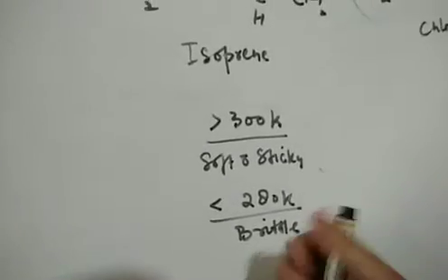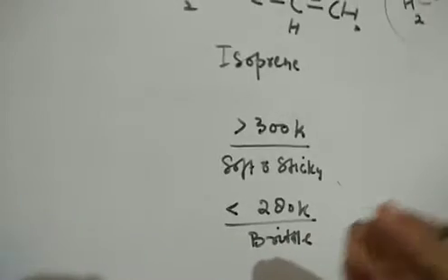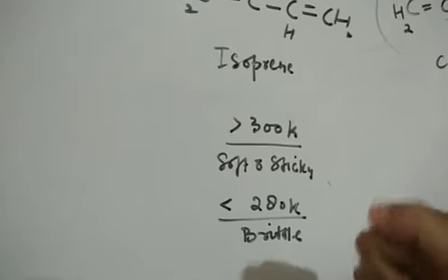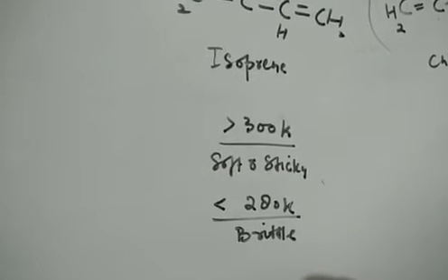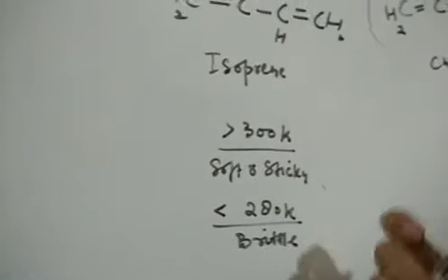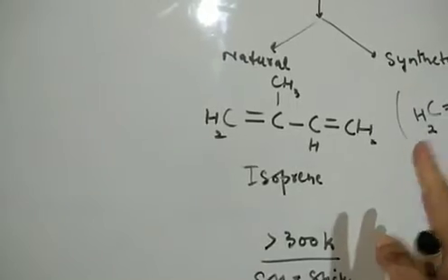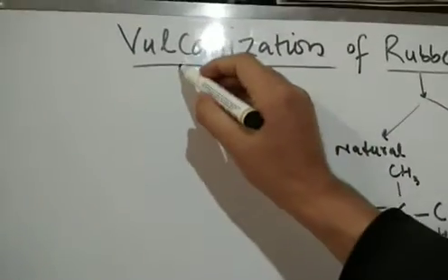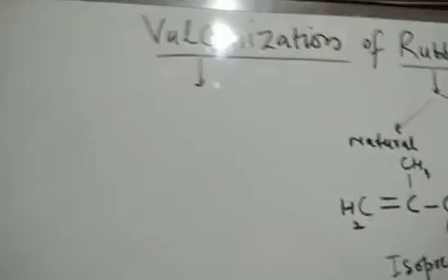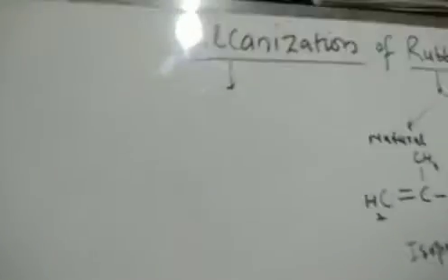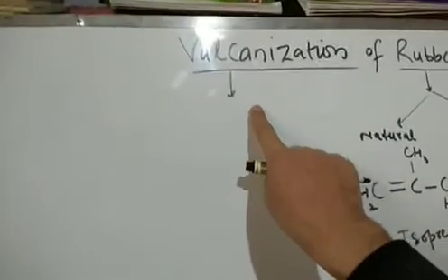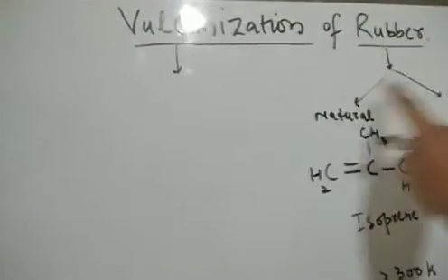So in order to modify its properties, to make it tough, to increase its tensile strength, and to increase its resistance against oxidizing agents, we modify this rubber via a process called vulcanization. Vulcanization is simply a process by which we modify the properties of rubber.